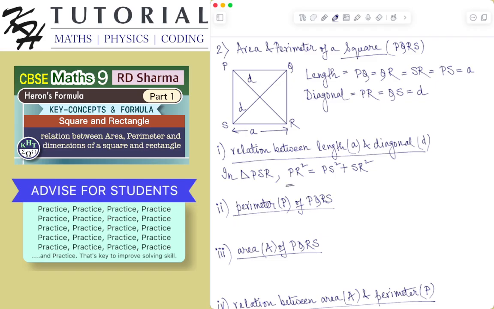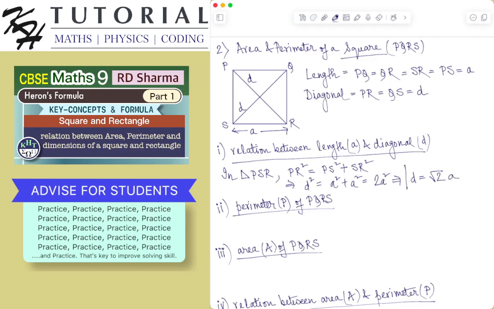PR is the diagonal, so D square is equal to A square plus A square, which is twice A square. So this implies the diagonal D is equal to square root of 2 into A.